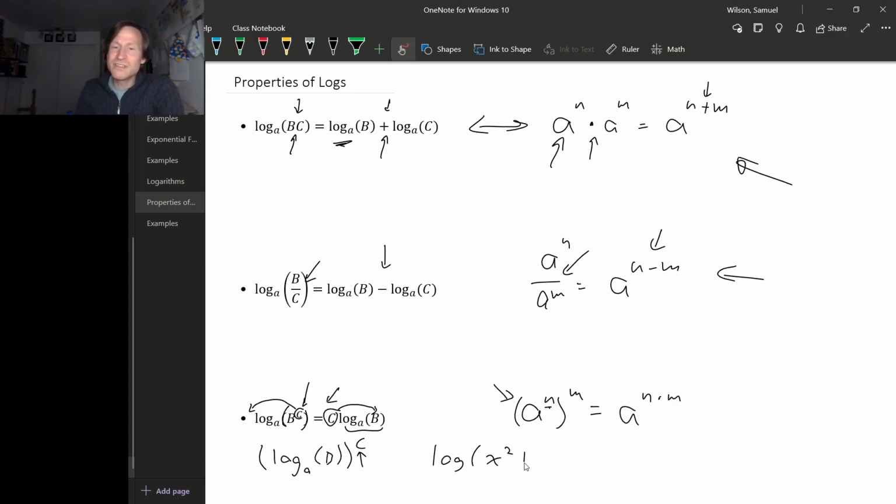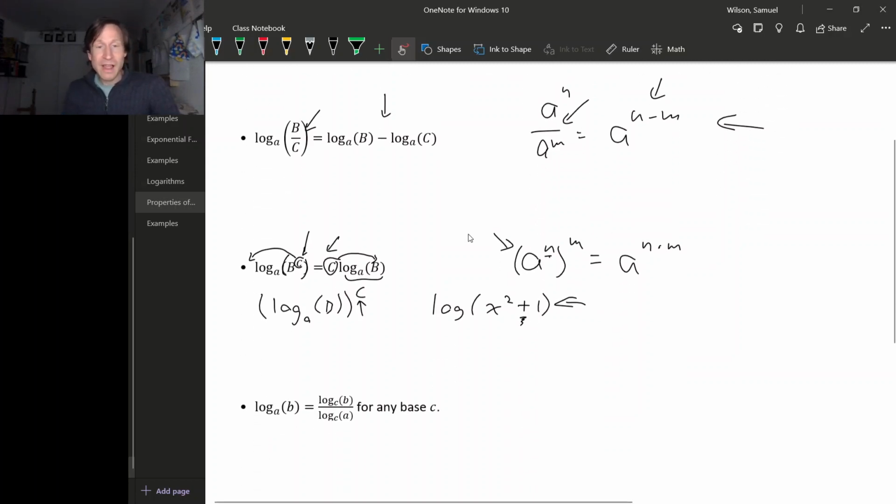If the exponent isn't the first thing that it sees, you can't do anything, right? So for this example, the logarithm doesn't see this exponent. What it sees is the last operation that happens inside these parentheses, and that's the sum, right? So this logarithm really only sees the sum. And what logarithm law is there for sums? Well, there isn't one, so you can't mess with this. You're stuck with this expression. There's no way to rewrite it.